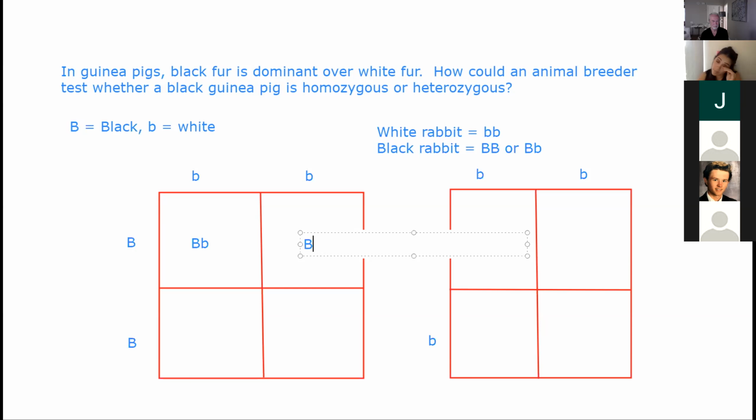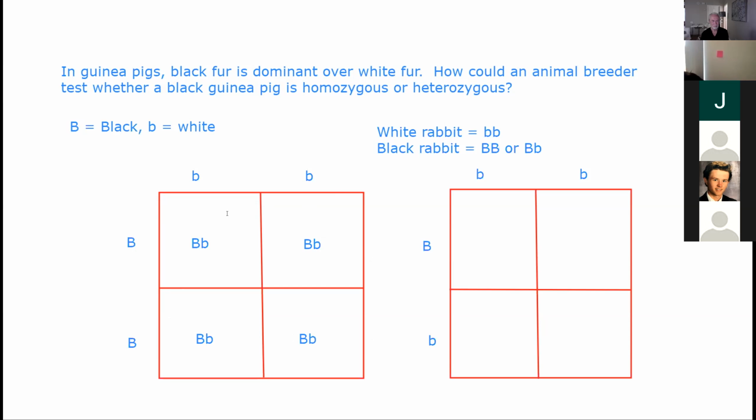Same. What am I going to get in this box over here? The same. Okay. And over in here, we're going to get the same again, right? Does everybody understand how we end up with this? Yes. Okay, so these would be all black rabbits.